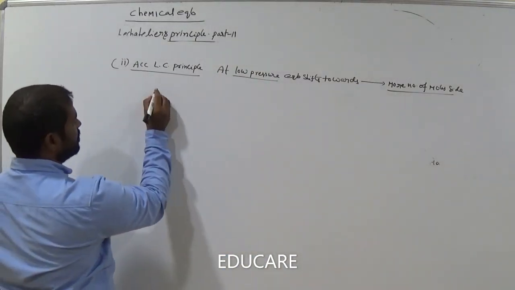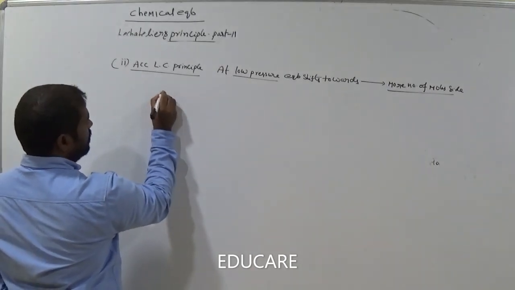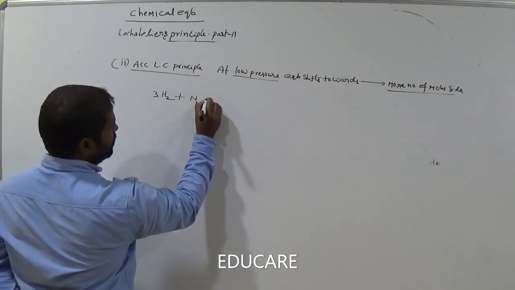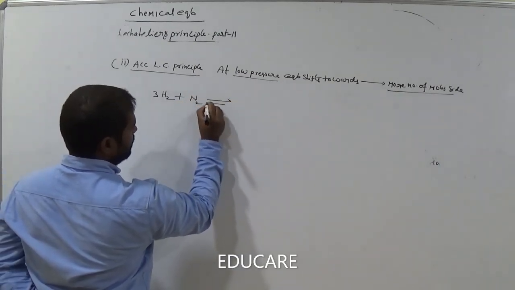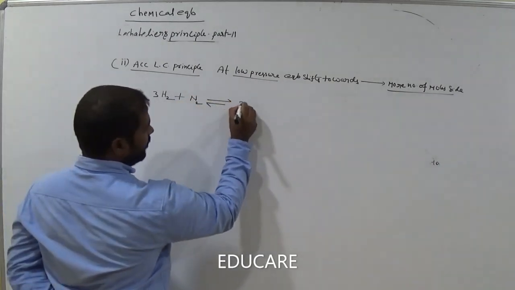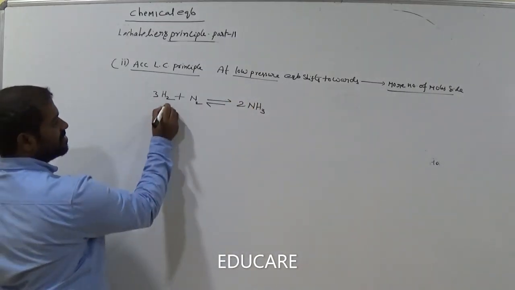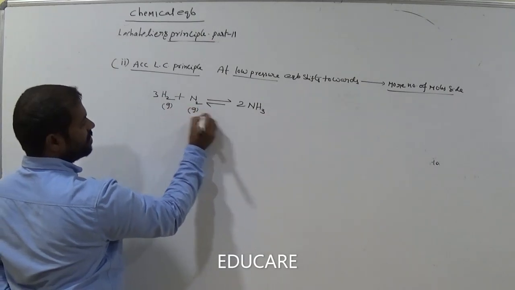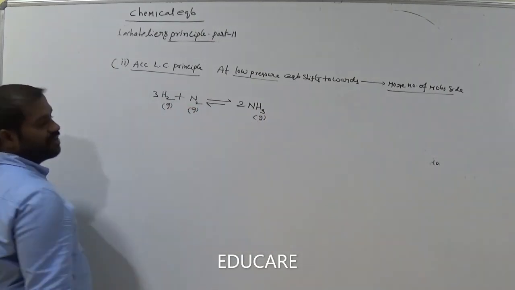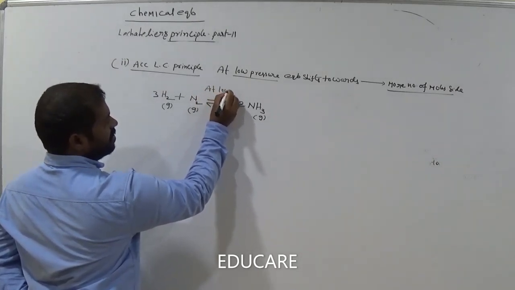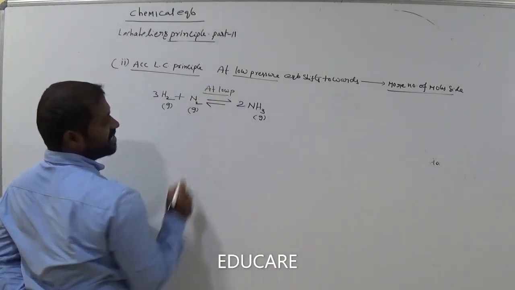Let's see the example. H2 plus N2 is reversible to 2 of NH3, am I right? These are all in gaseous state. At low pressure, what is the statement?